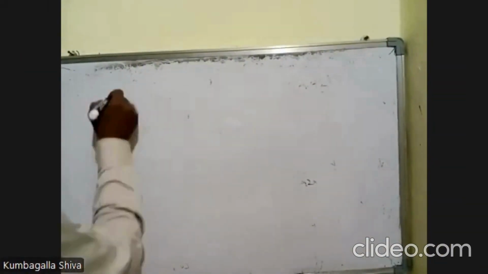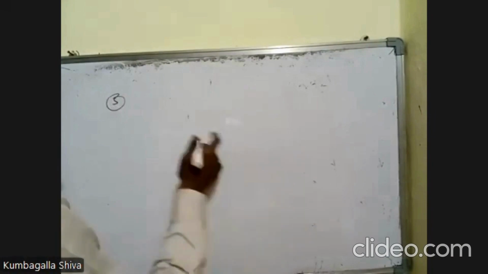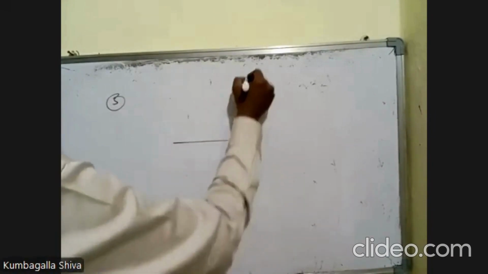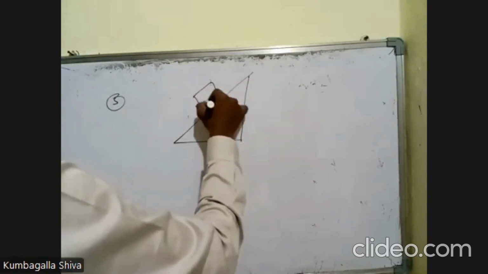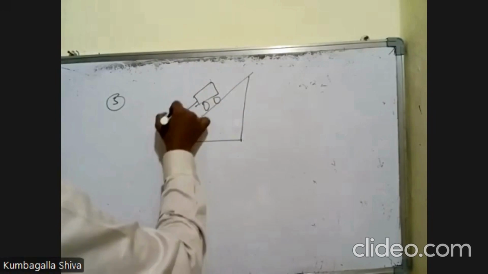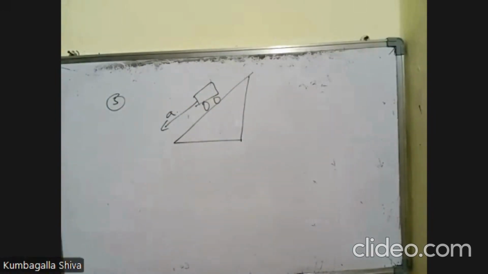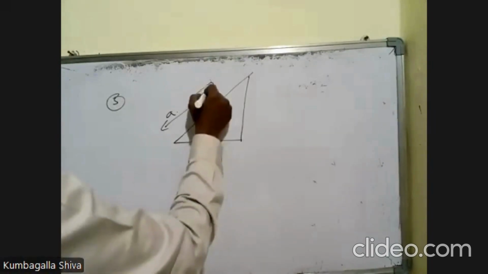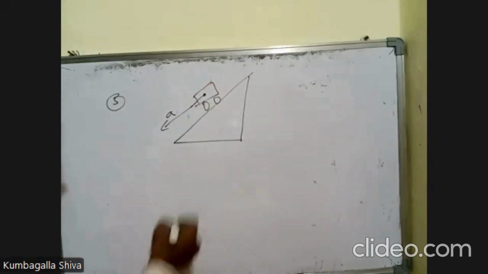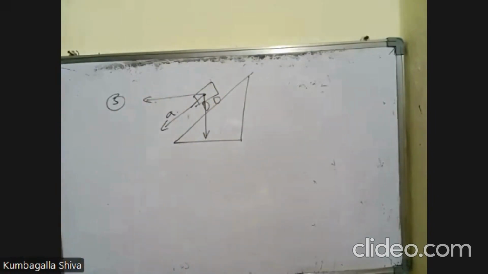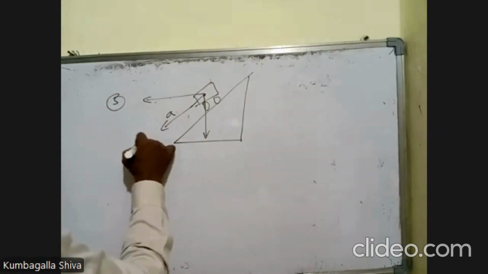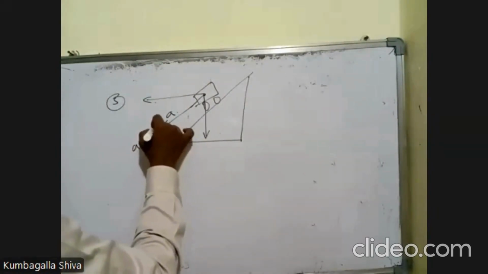Here, the diagram is given like this. It is an inclined plane with a trolley. It is accelerating downwards. This is a. Now for this given a, you can draw the perpendicular components like this. For this acceleration, a is equal to g sine alpha.